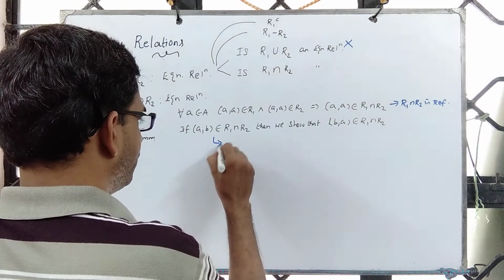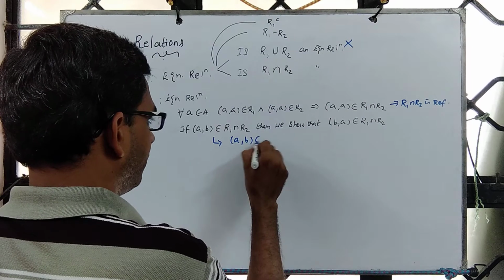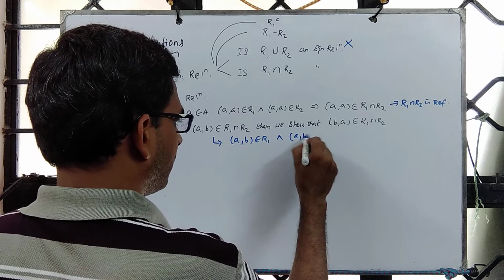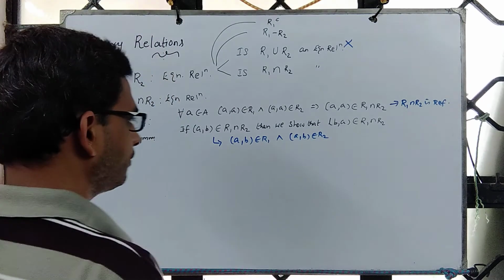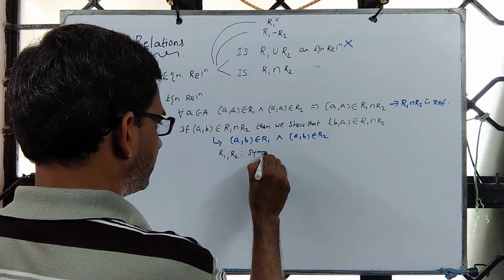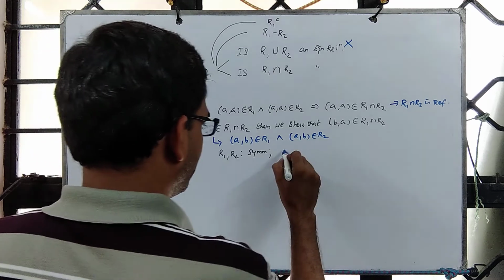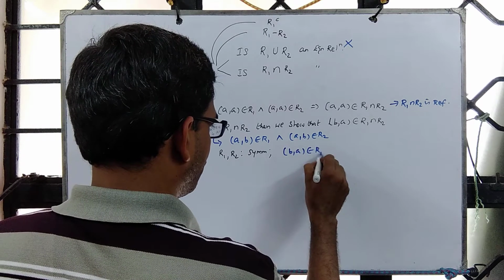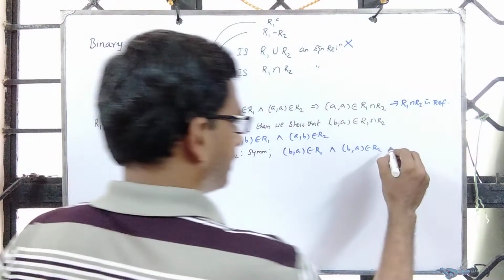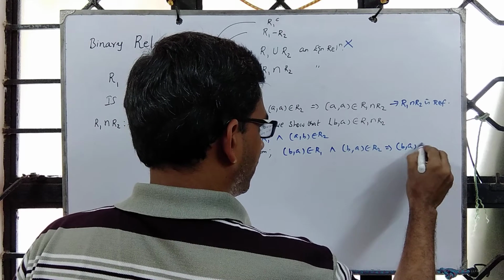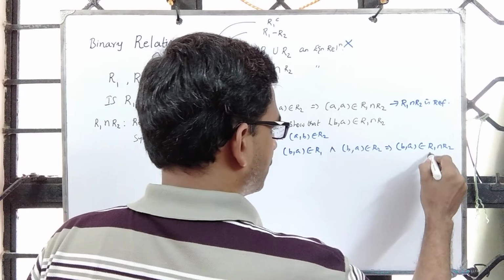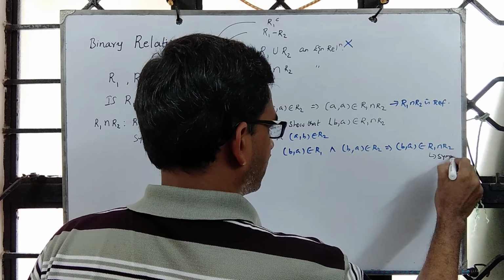If (a, b) belongs to R1 intersection R2, then (a, b) belongs to R1 and (a, b) belongs to R2. We know that R1 and R2 are symmetric. Therefore, (b, a) belongs to R1 and (b, a) belongs to R2. This implies that (b, a) belongs to R1 intersection R2, which means it is symmetric.